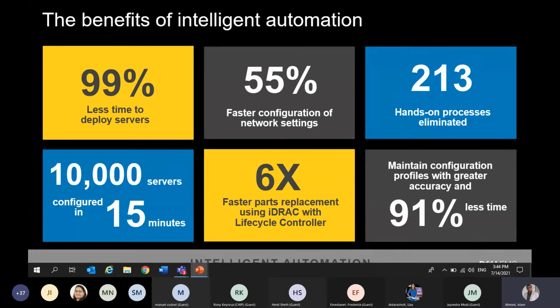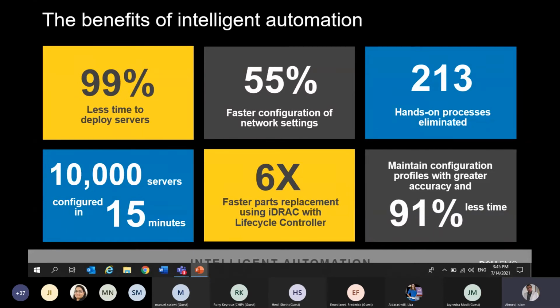It's not only time, because you will need fewer people to deploy your system. 55% faster configuration of network settings, and 213 hands-on processes eliminated. If we talk about something like 300 processes that the server does, you have 213 processes that you don't need to use people to do.